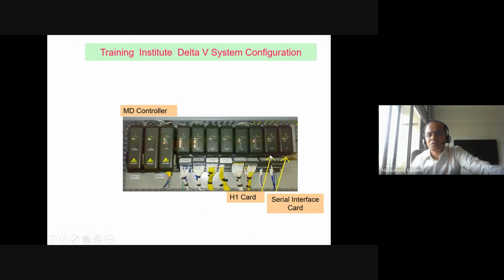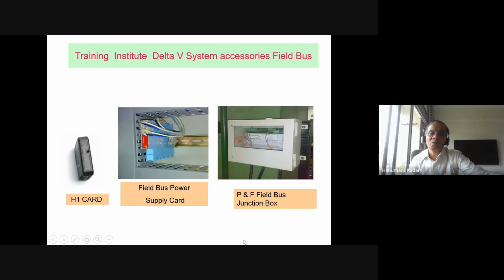This is the foundation fieldbus H1 card, and I was always talking about the picture of the H1 card. This is the power supply. Now it is not required. The new cards are coming with a built-in power, but this was the power supply for the earlier card. In the first series, an external power supply was required to be mixed with this. And this is the junction box, which looks like a switch and all.